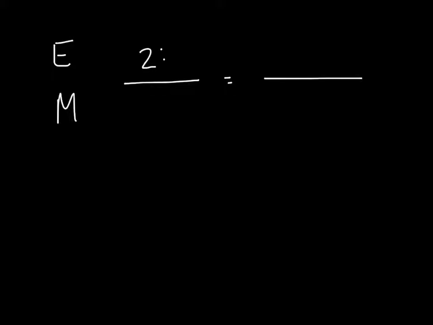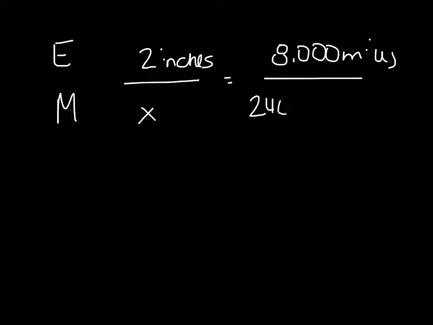So 2 inches is the scale you're using, and the diameter of the Earth is 8,000 miles. And then to find the distance between, if you go to your information key, it says the distance from the Earth to the moon is 240,000 miles. So your moon distance between now is going to be x equal to 240,000 miles.